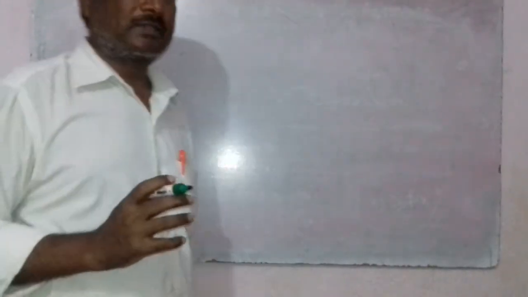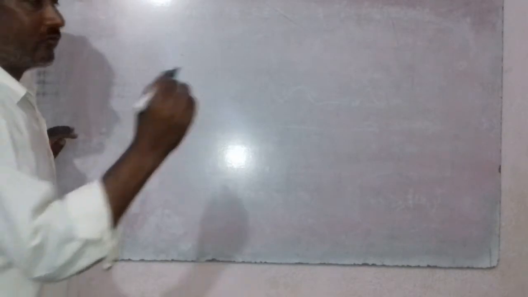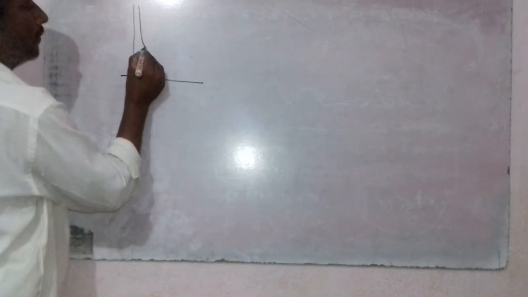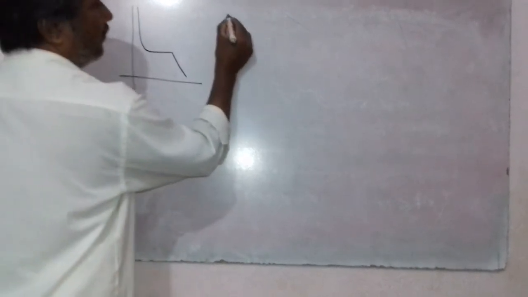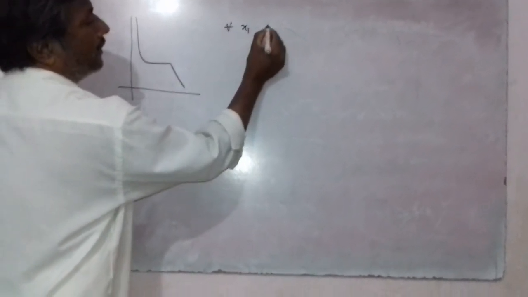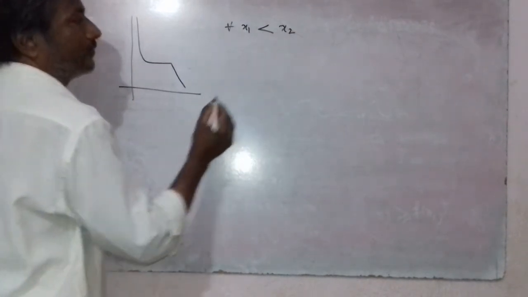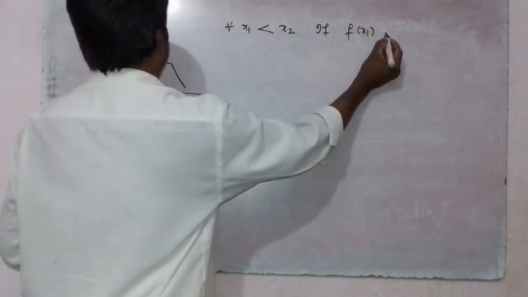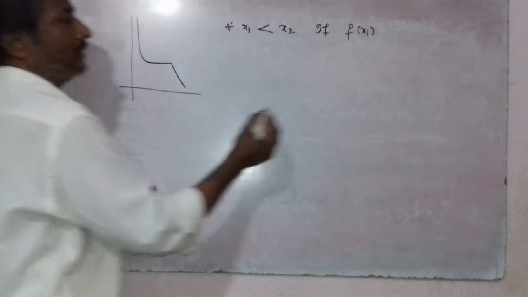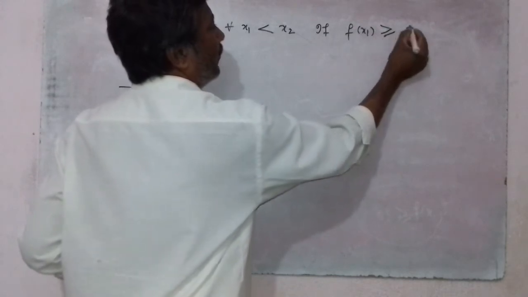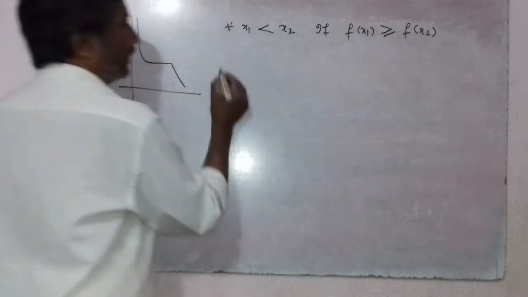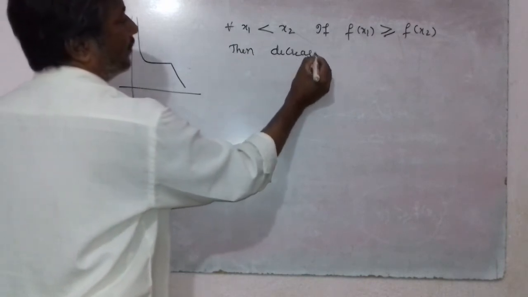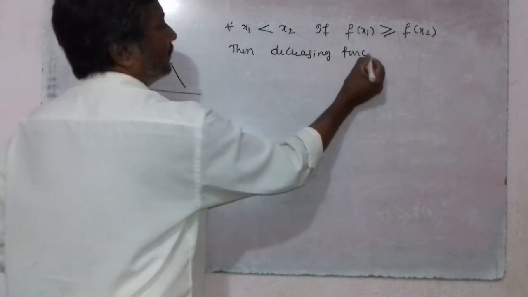So in brief, I will explain this once again. You have to remember this. For all x1 less than x2, if f of x1 greater than or equal to f of x2, then it is a decreasing function.